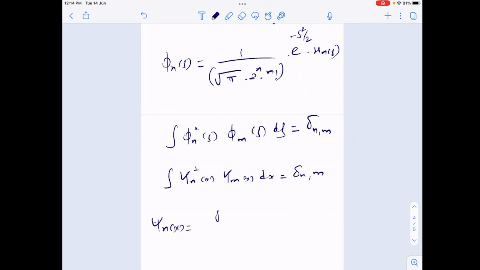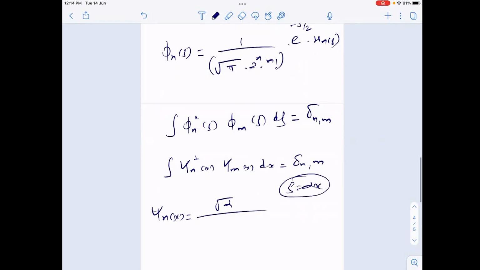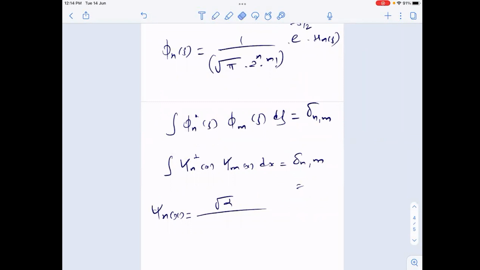It will have under root alpha, because chi is substituted as alpha x. Fine. So under root alpha will come up. So it will be under root alpha by under root pi into 2 to the power n into n factorial to the power 1 by 2, into e to the power minus alpha squared x squared by 2, into Hn(alpha x).